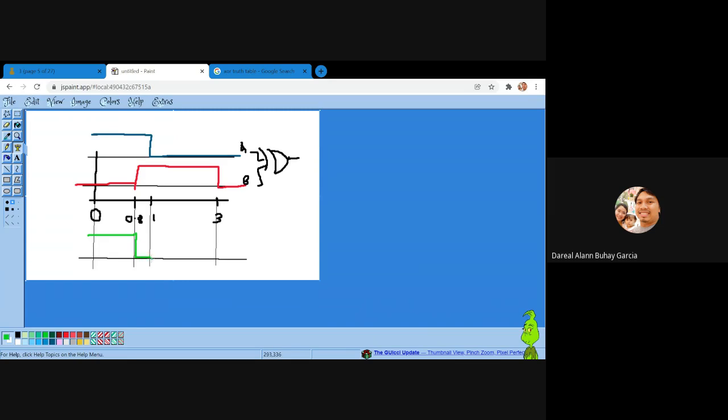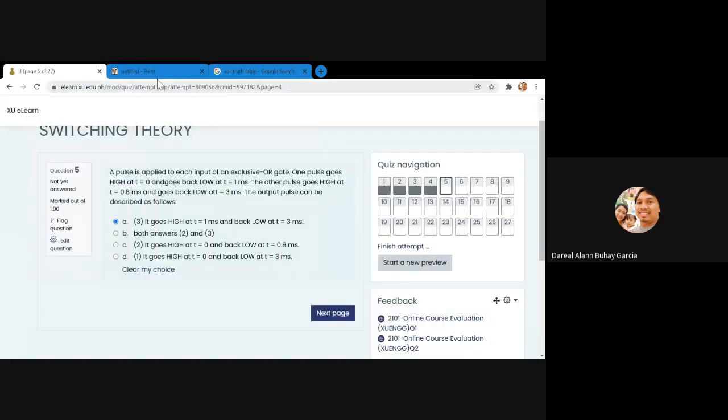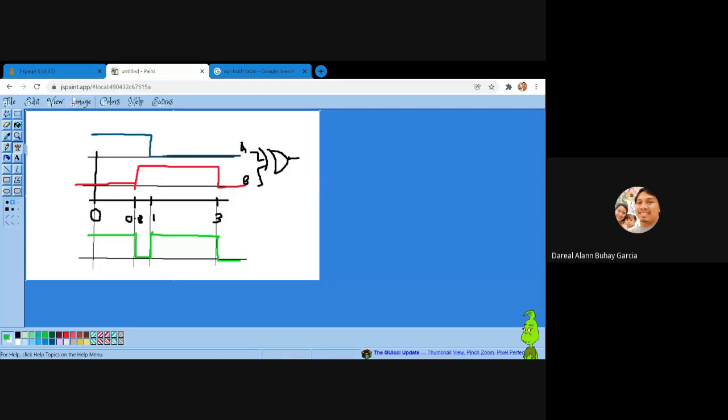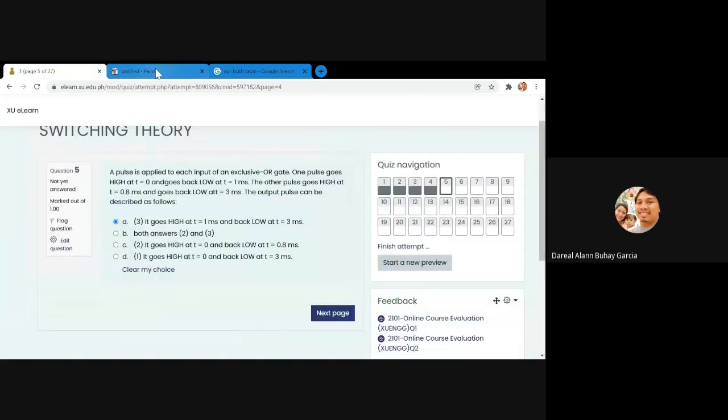After 1, high. After 3, low sila doon. So, again, it goes high at 1 and low at 3. Sakto. Pero correct po siguro ni.